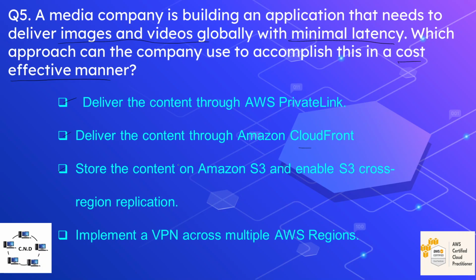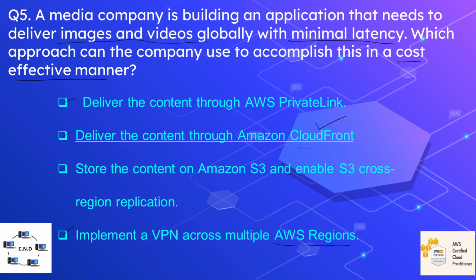Option C is store the content on Amazon S3 and enable S3 cross-region replication. And option D is implement a VPN across multiple AWS regions. The correct option is to deliver the content through Amazon CloudFront if you want minimum latency and you have content such as images and videos.